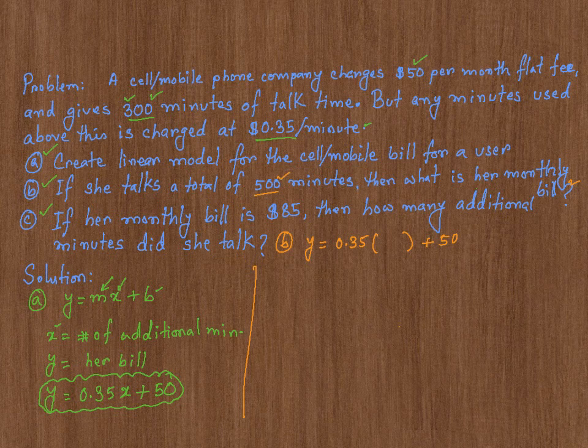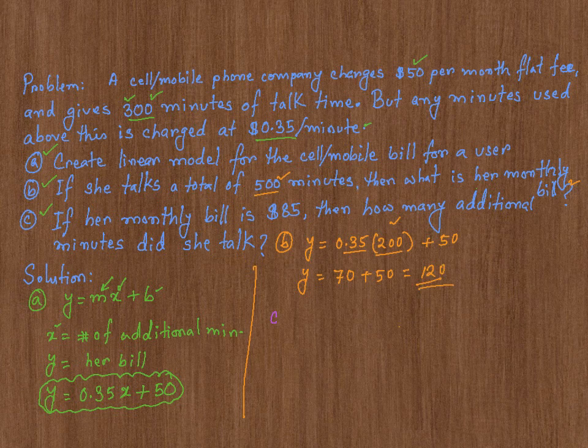Now keep in mind, if she talks for 500 minutes, first 300 minutes is included in the plan. Therefore, she only has to pay for the remaining, which is 500 minus 300, which is 200. So your x must be 200. So that's the catch here. Now the rest is easy. Y is equal to 0.35 times 200 is, by the way, going to be 70 plus 50, which is 120. So her monthly bill is going to be $120.